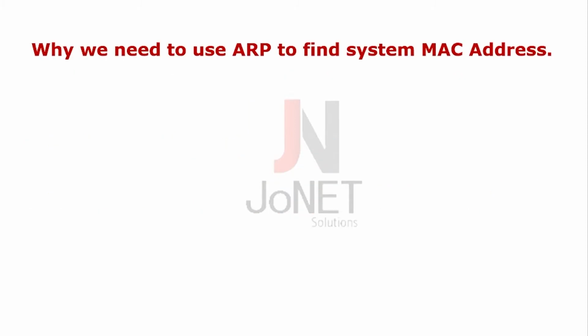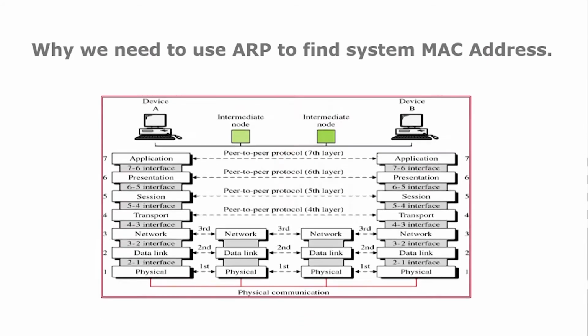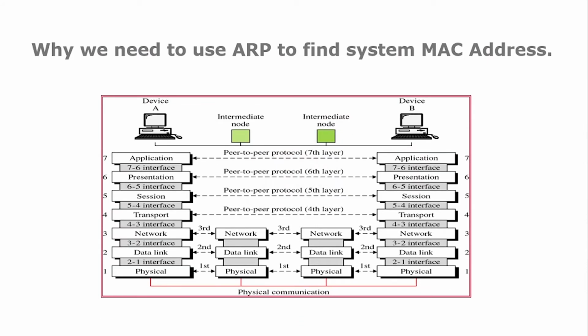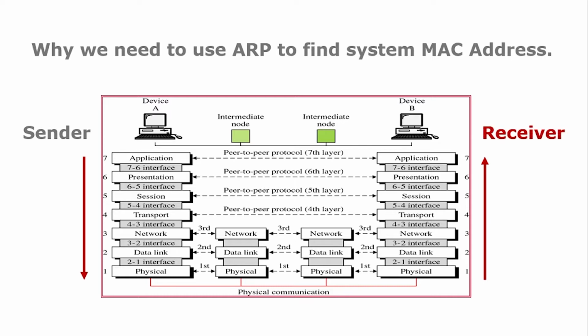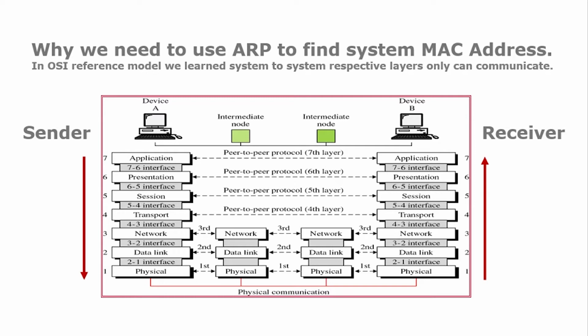Why do we need to use ARP to find the system MAC address? In the beginning, in the OSI reference model, we learned that the sender sends the data from application to physical, that is top to bottom, and the receiver receives the data from physical to application. For system to system communication, only the respective layers can communicate.